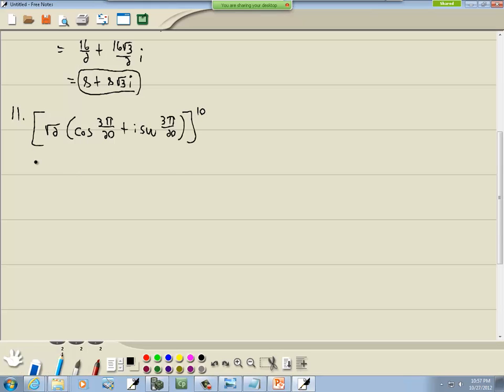Now again, with that French-sounding name, de Moivre's theorem, we're going to take the r to the 10th power, so we've got square root of 2 to the 10th power, and then we'll multiply 10 times our angle. So we've got cosine of 10 times 3 pi over 20 plus i sine of 10 times 3 pi over 20.